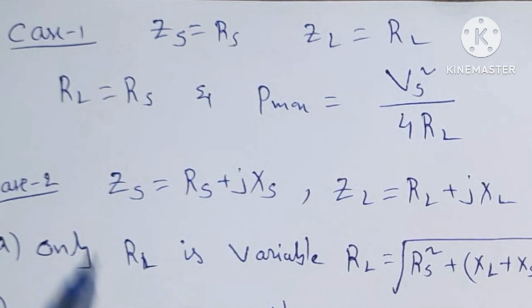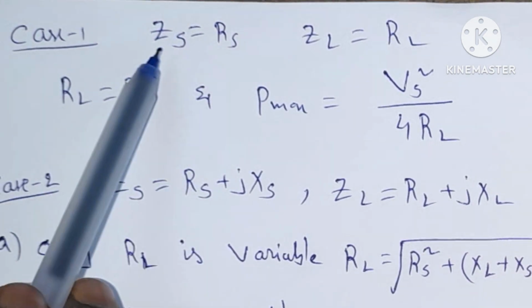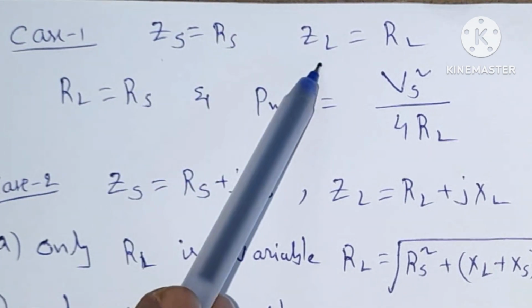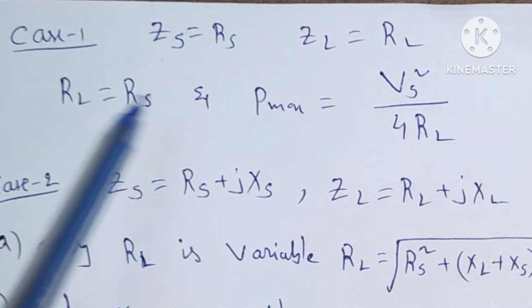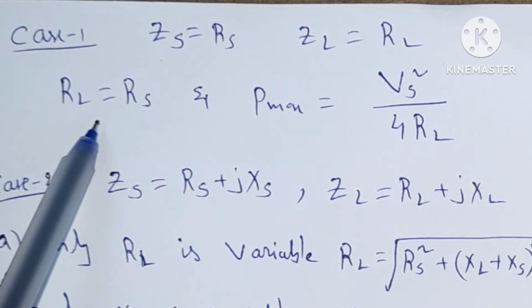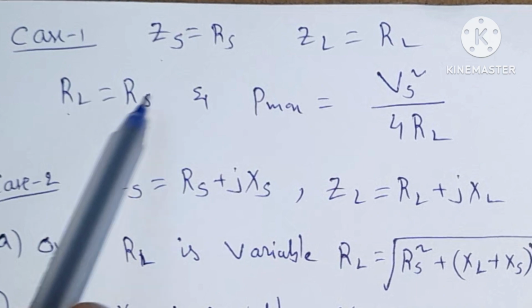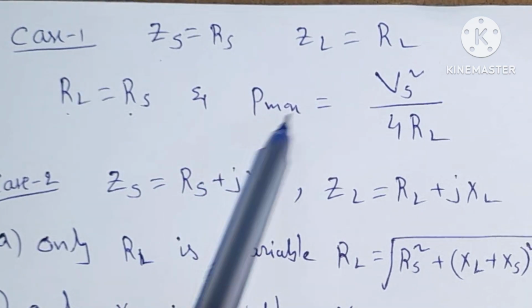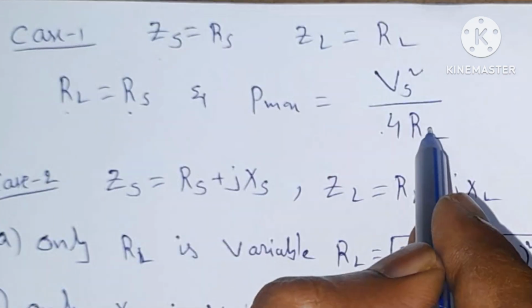Finally, the conclusions. Case 1: if the source impedance is purely resistive and the load impedance is purely resistive, then the condition for maximum power transfer is RL equal to RS, and the maximum power is Vs square by 4RL.